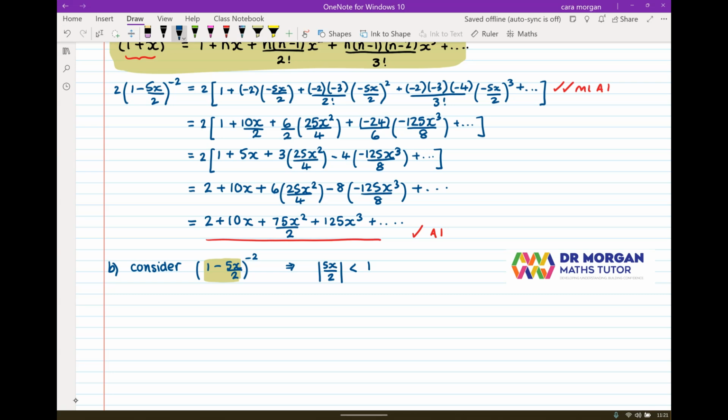And if we carry on, the modulus of 5x has to be less than 2, and then the modulus of x has to be less than 2/5, which is the answer. And that's fine. That's an answer mark as well. If you wanted to write x has to be smaller than 2/5 or greater than -2/5, that's also fine as well.